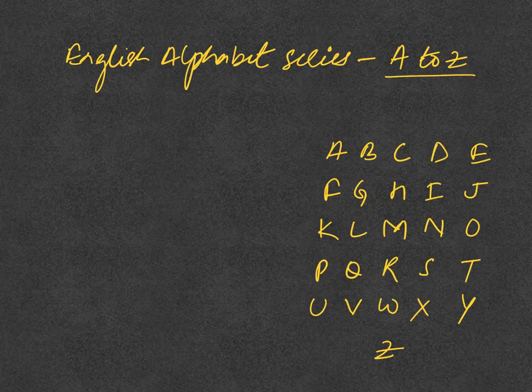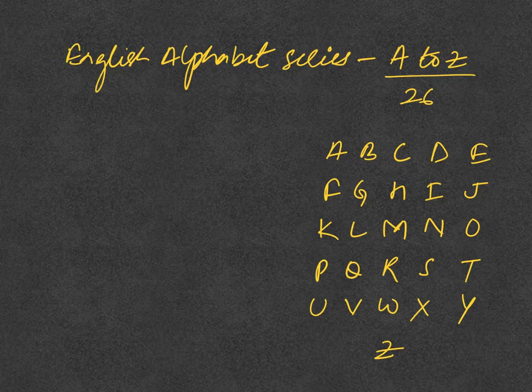Before discussing the examples, we will learn some of the basics of alphabet. As we all know, in the alphabet series, we have 26 alphabets from A to Z. You might be thinking why we are discussing this right now.